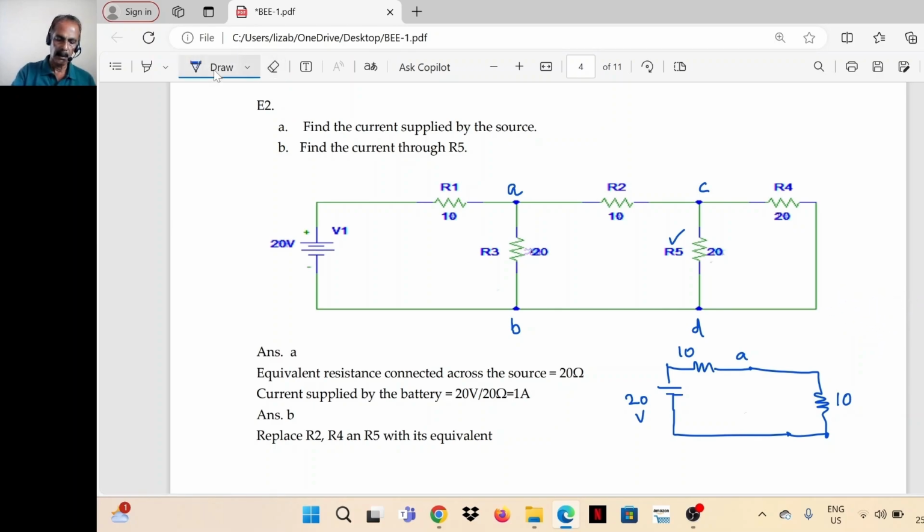Now check. These 10 and 10 are connected in series. So the equivalent is 10 plus 10. These two we can add, make it a single resistor of value 20 ohms.